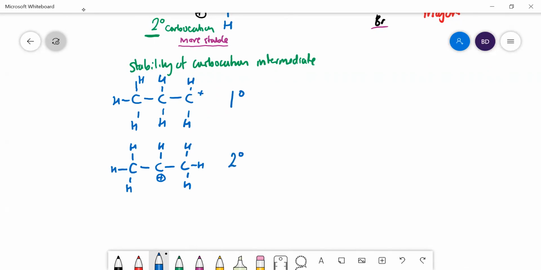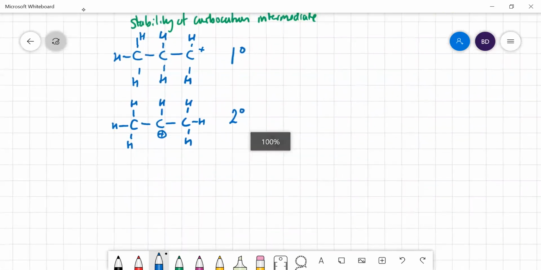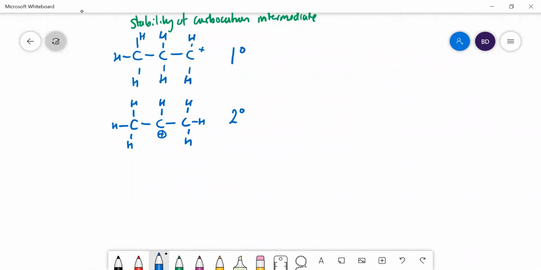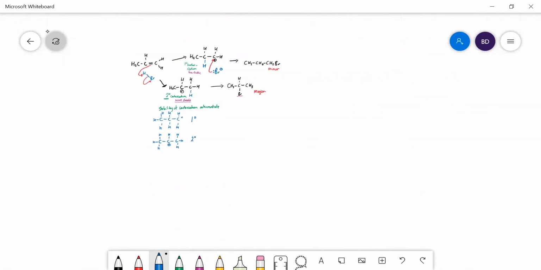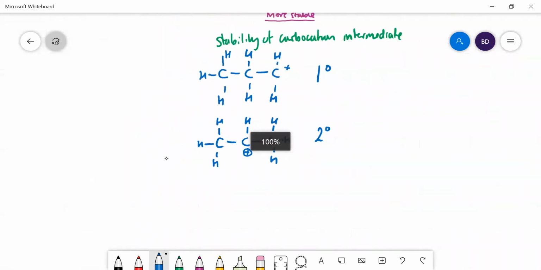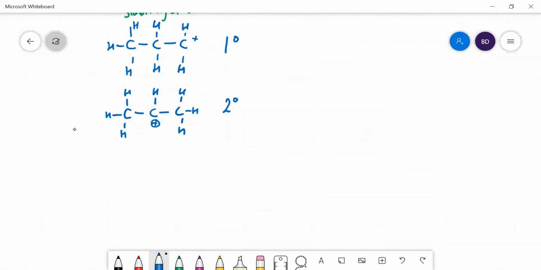And you can, of course, have a tertiary carbocation. So we'd have a carbon here that would be attached to 3 other carbons, and I'm going to put a positive charge on that. If that's CH3, CH3, and CH3, that would be the simplest tertiary carbocation.